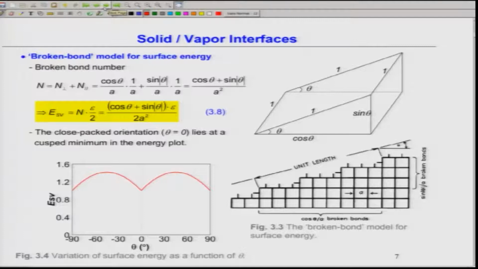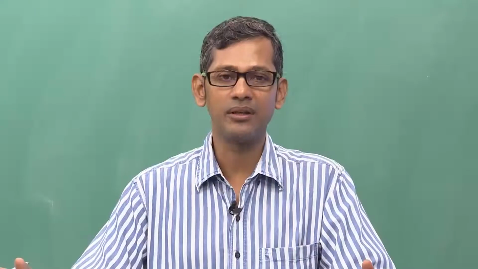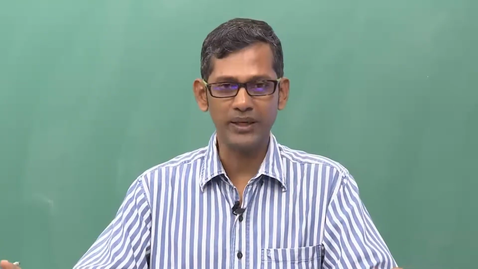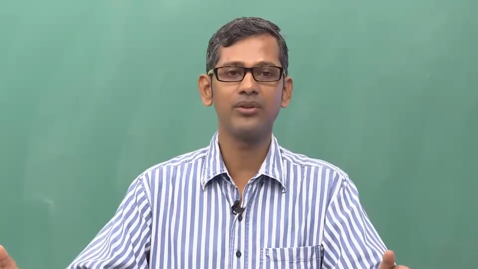But reality is a little bit different. We have assumed only one plane, which is the low index plane, the 111 bonding surface, or you can assume 110 planes. But all the surfaces will not be bounded by one plane, there will be reconstructed surfaces also.